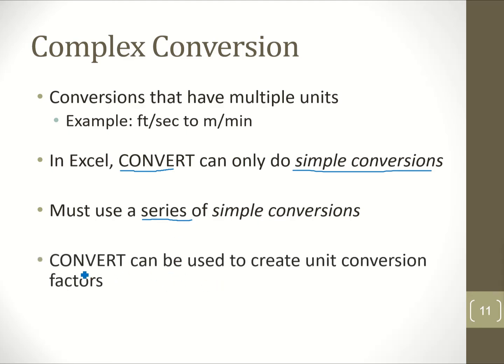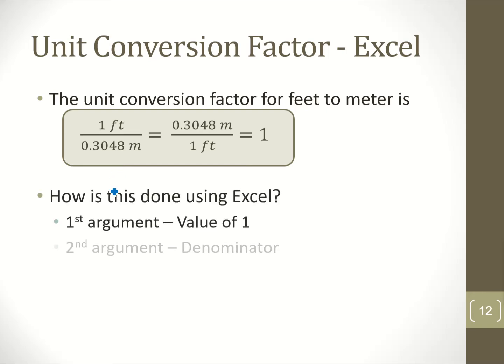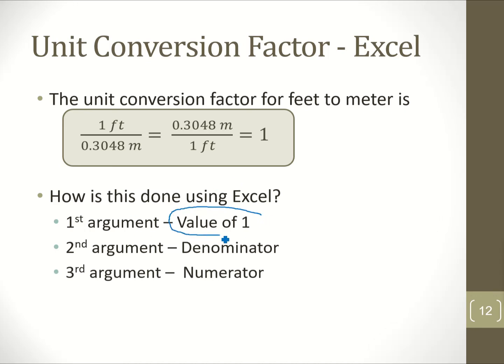And what we can do is we can use that convert function and use our unit conversion factors that we just did in Excel, right? Those unit conversion factors can be used to help us solve complex conversions. Remember again, here's our unit conversion factors that we just talked about and did. We did this in Excel with our first and second and third arguments. The biggest thing is to remember for a unit conversion always a value of 1.